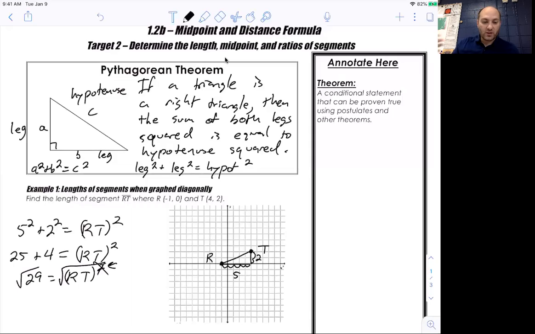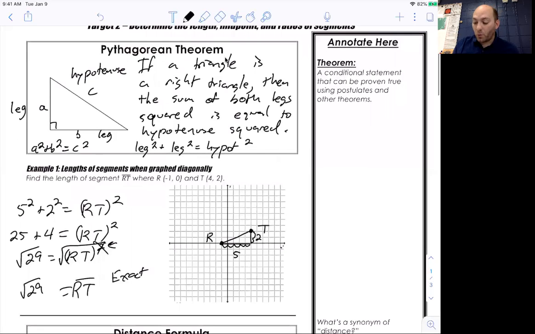So RT equals the square root of 29, which as an exact answer would just be this. If it was a perfect square, let's say 36, the square root of 36 is 6, and I would give that as my exact answer. This stays as the square root of 29 as an exact answer, or if I plug it into a calculator, it comes out to 5.385.